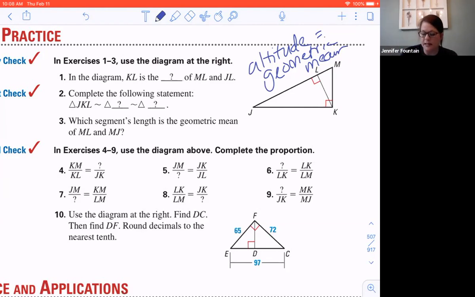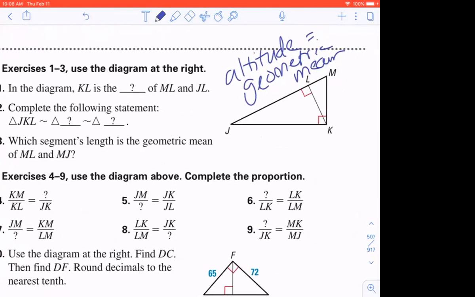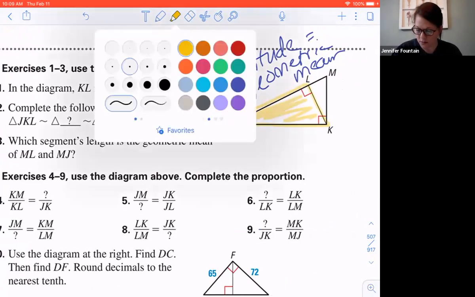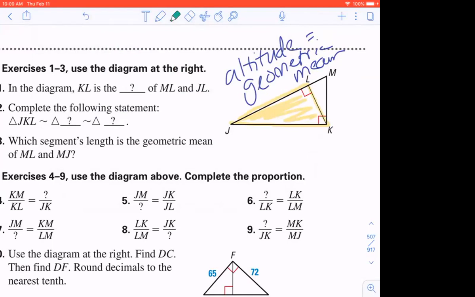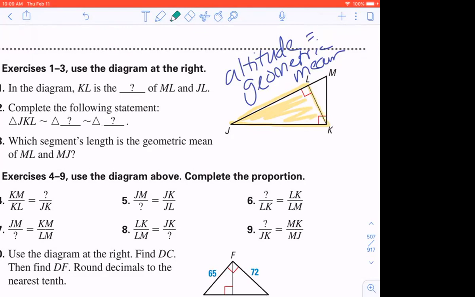All right, so it says complete the following statement. Triangle JKL is similar to triangle, okay, so think about JK, MLK. Okay, so let's think about our letters and how we're going to start these. So remember, when I put my order, I have to have corresponding angles, right? KML.